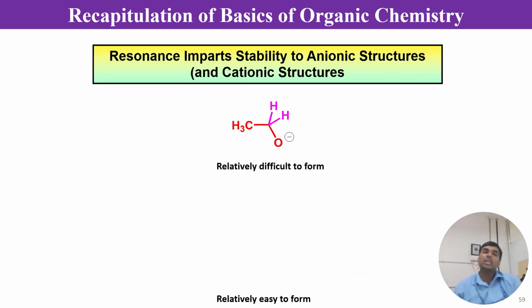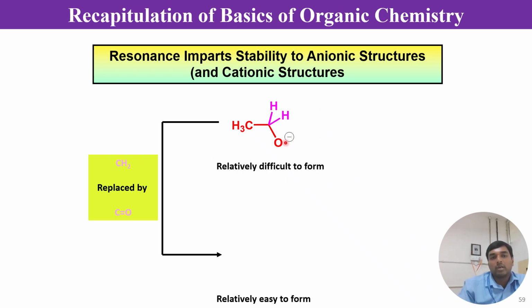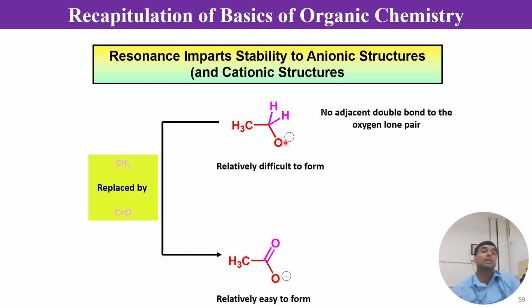Now, resonance is basically responsible for stability, right? If I consider the ethanolate ion, it is difficult to form. But if I consider the acetate ion, conjugation is there between the two oxygen atoms involving the carboxylate, so that is easy to form.